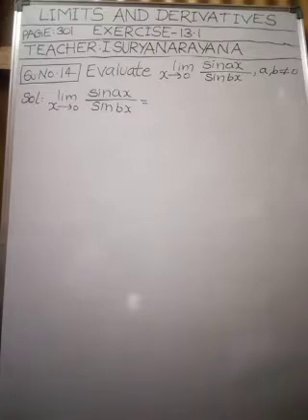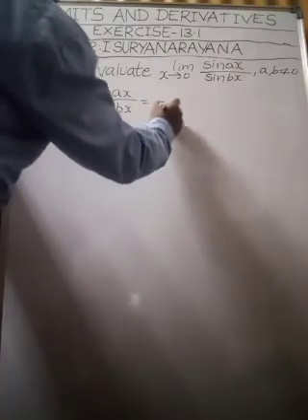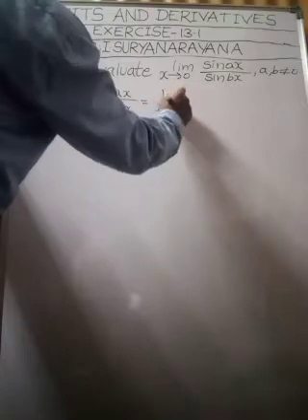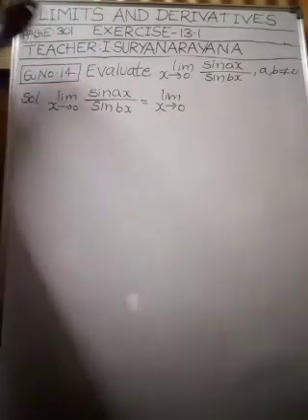Previously I told you the limit of the function should not be an indeterminate form. If you get an indeterminate form in the substitution method, we follow some other method. So that is equal to, as x tends to 0, limit, here I am dividing the numerator and denominator by x.